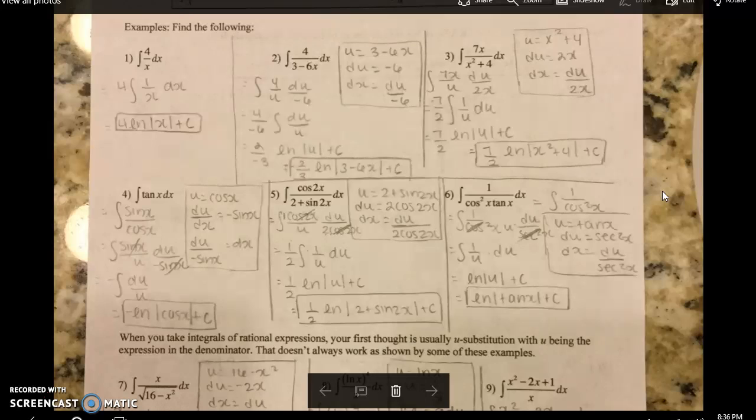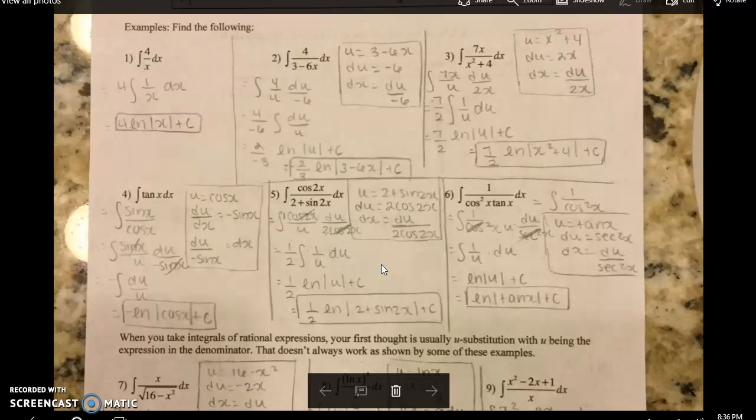And then for number 5, we did the same thing. We found u, found the derivative of u, and then we found dx. We put cos 2x over u, multiplied it by the value of dx, which equals du over 2 cosine 2x.